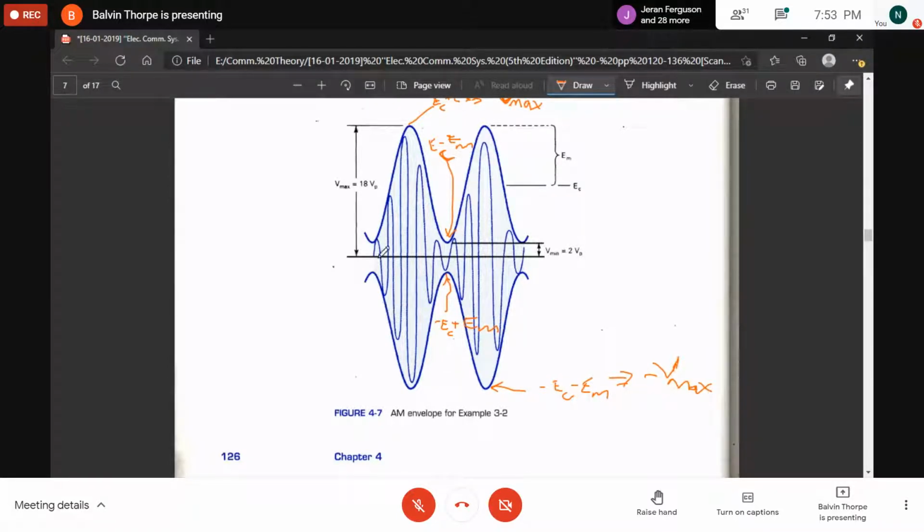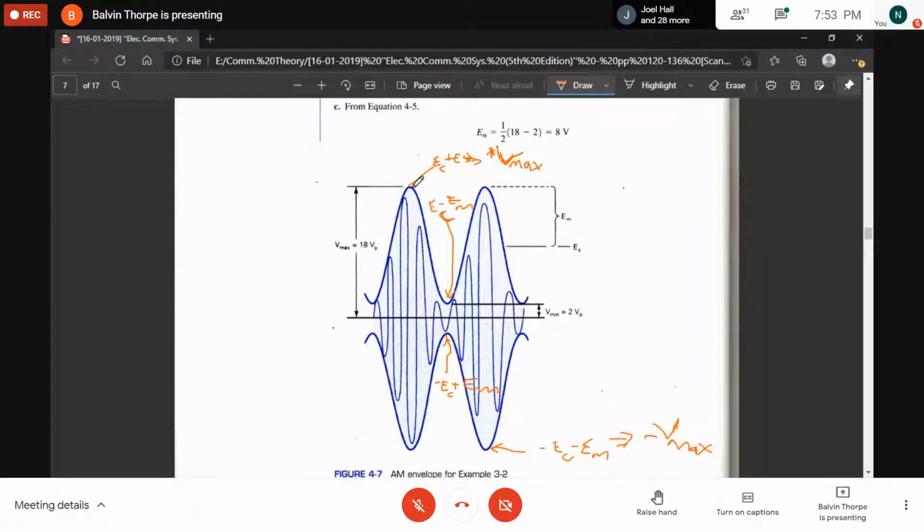So you agree with me that in the positive section, right here is a maximum. So that's the maximum voltage, but it is positive, right? Good. Right here is the minimum positive voltage. Okay. So you tell me about the other half.